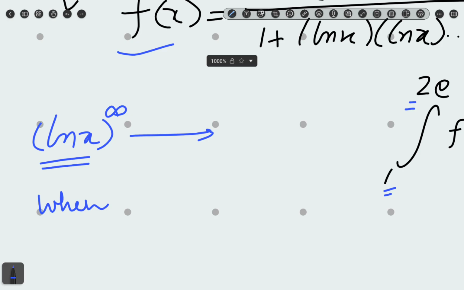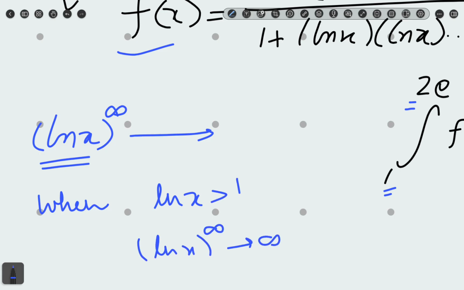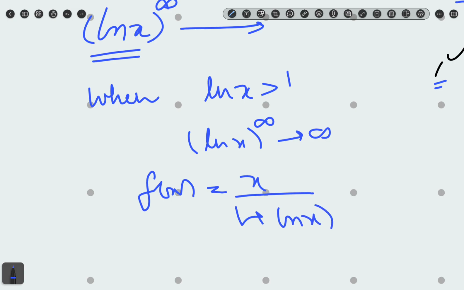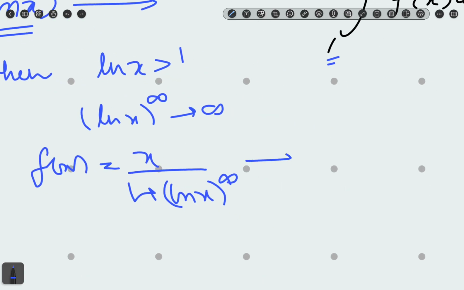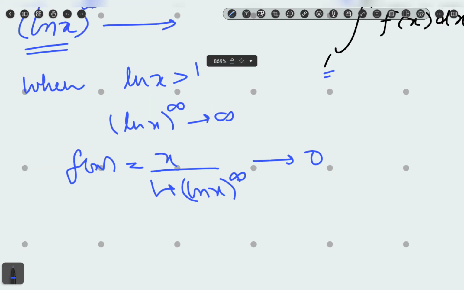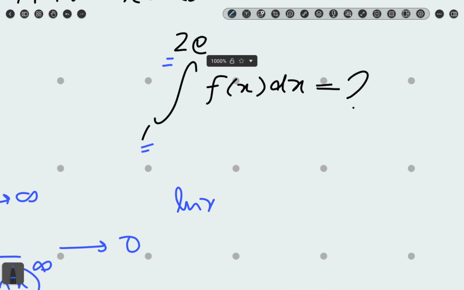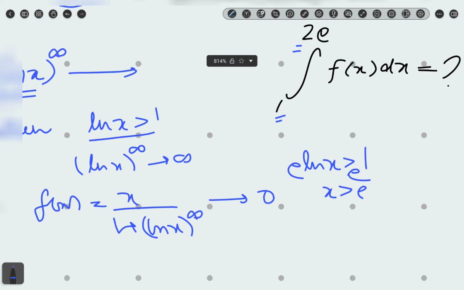So when ln x is greater than 1, then (ln x) to the power of infinity tends to infinity, and f(x) is x upon 1 plus (ln x) to the power of infinity. So this turns into 0, right? So when ln x is greater than 1, that is when x is greater than e, taking e to the power of both sides, right?